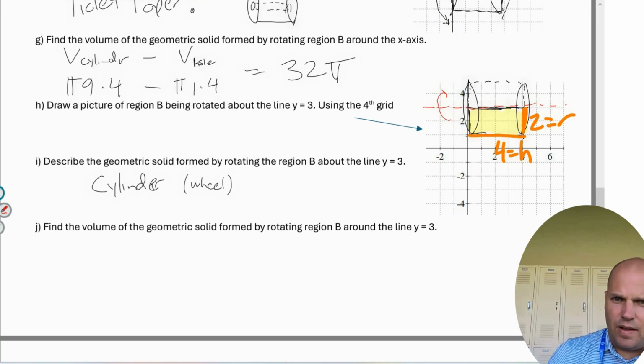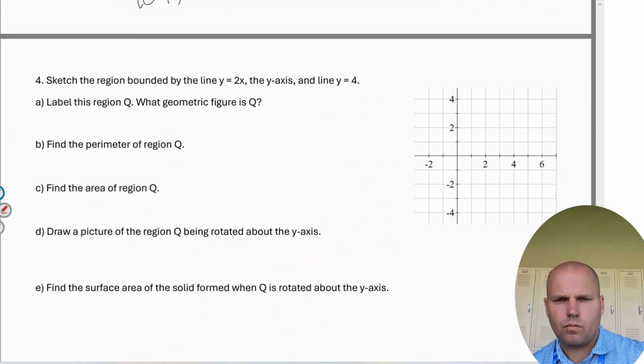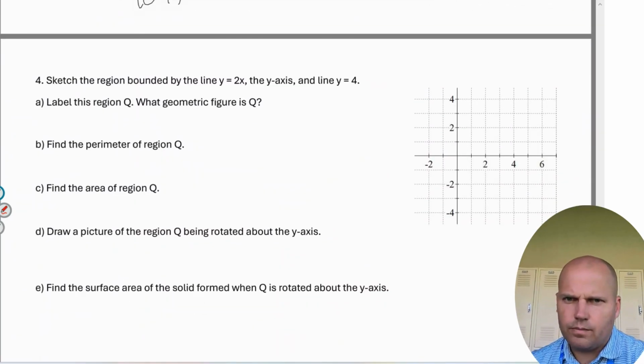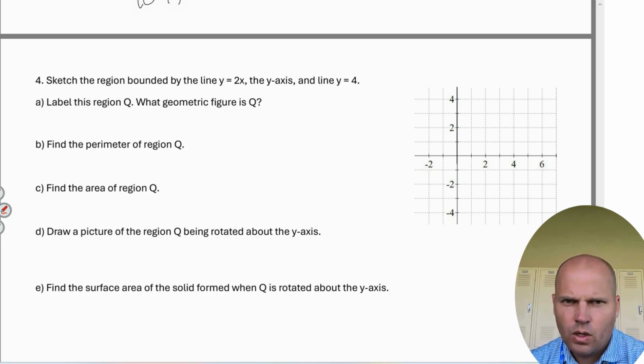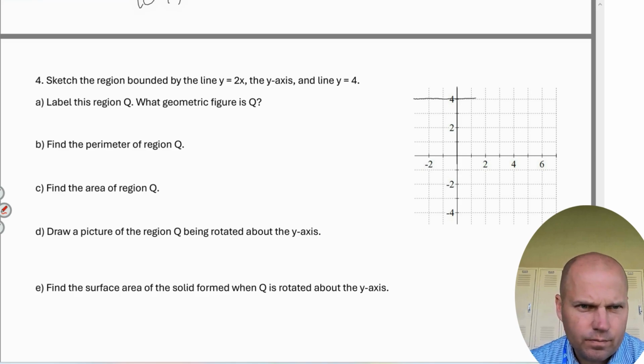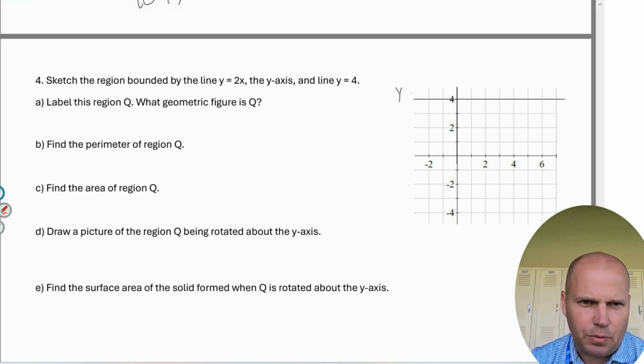Circles are on the right and the left. Now, y equals 2x, and the y-axis. Here's the y-axis. y equals 4. Now, I've done this so many times that I'm good at it.